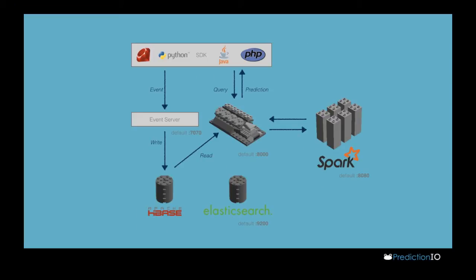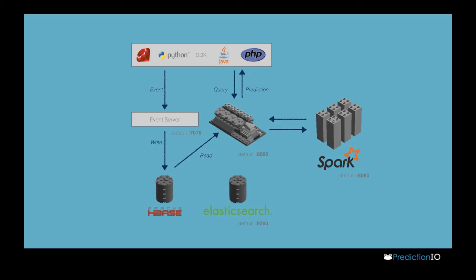The main benefits that we have over, obviously, you could go pick up Spark's MLlib library and build what I showed you from scratch using the library itself. But we make it a lot easier to deploy a Spark MLlib model as a service, which you can then use in a production environment.